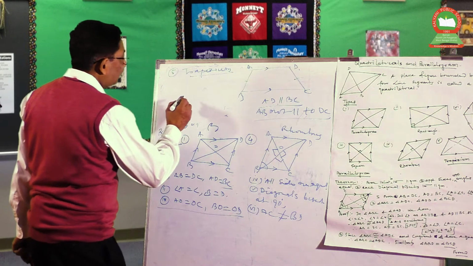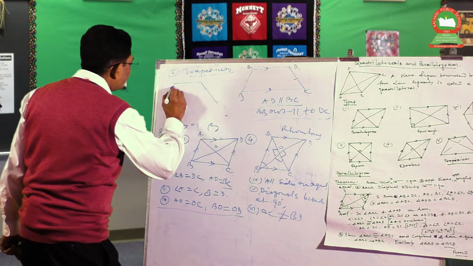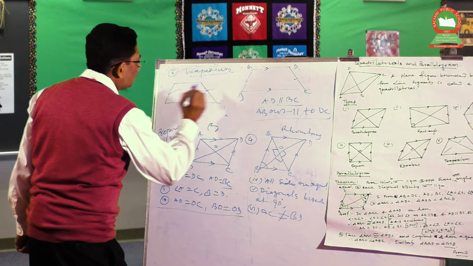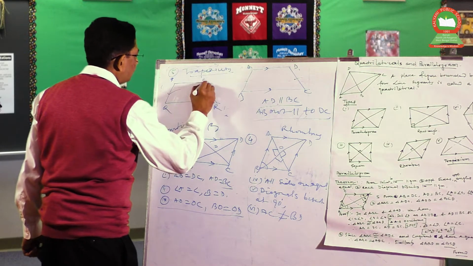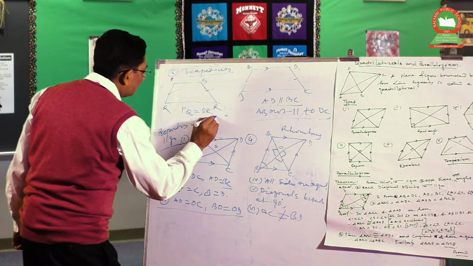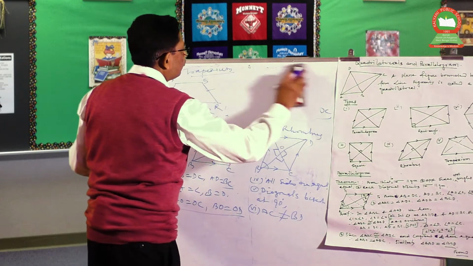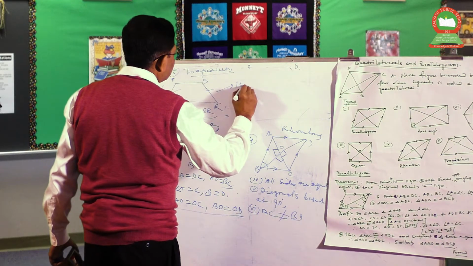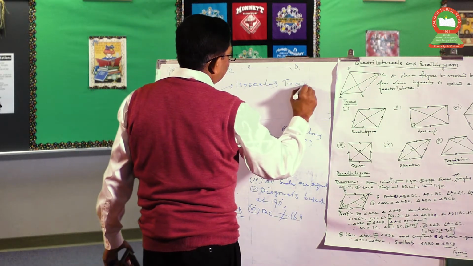Now another type of trapezium is there. Suppose a trapezium having both non-parallel sides equal. Suppose this is PQRS. Here PQ equal to SR, and this type of trapezium is called the isosceles trapezium.